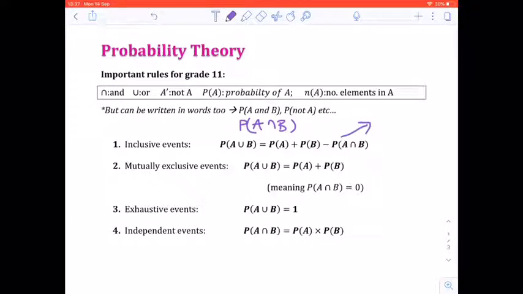In that first one for inclusive events, this would be a Venn diagram that looks like that, where that's A and that's B, and we have some kind of an overlap.